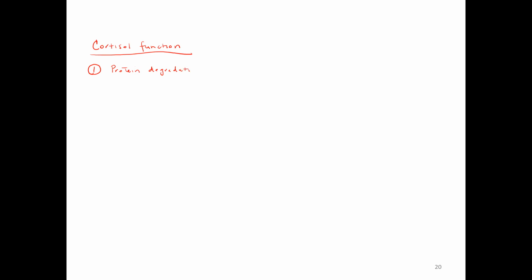You know the word degradation means to break down, right? So protein degradation. This is going to happen particularly in muscle tissue. So it's going to be the breakdown of those muscle proteins.